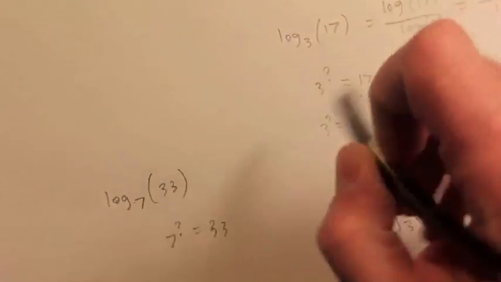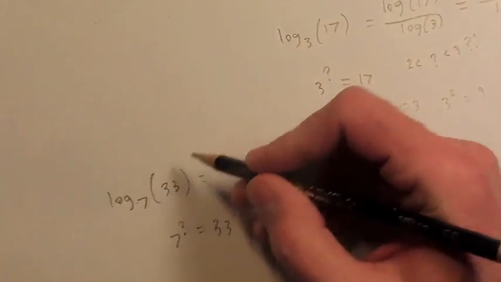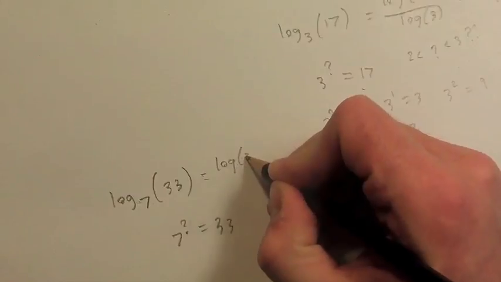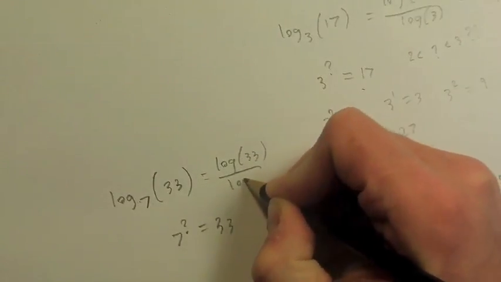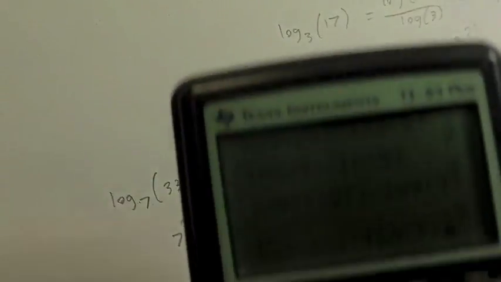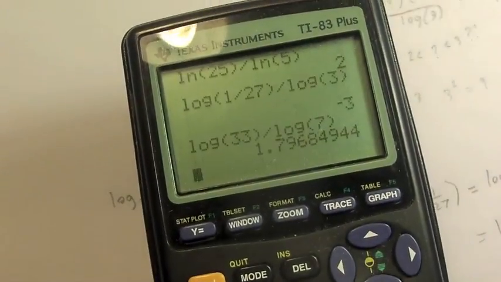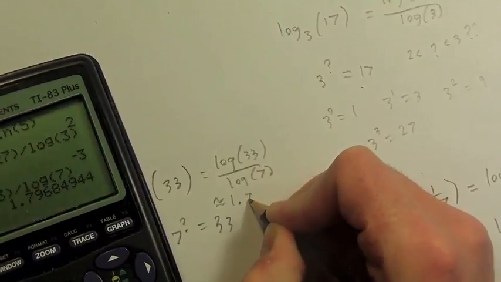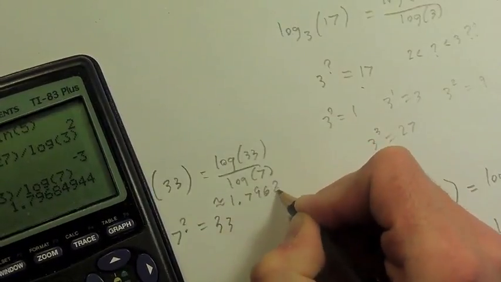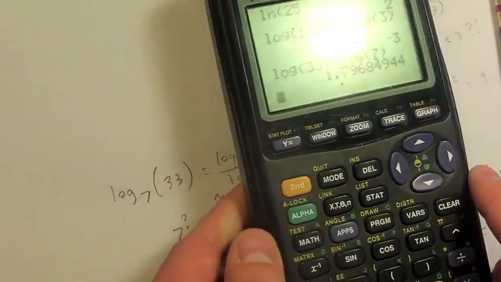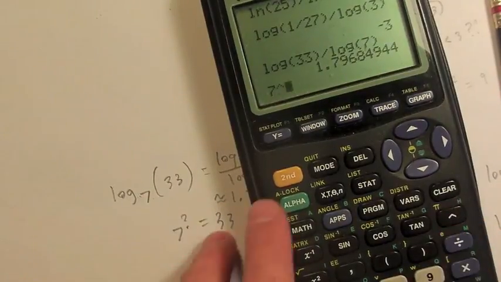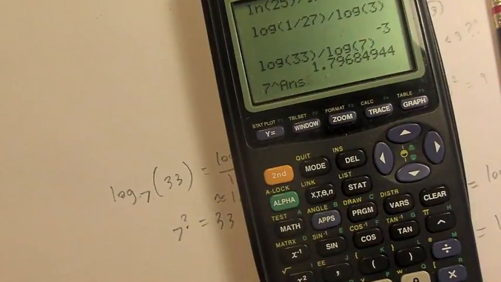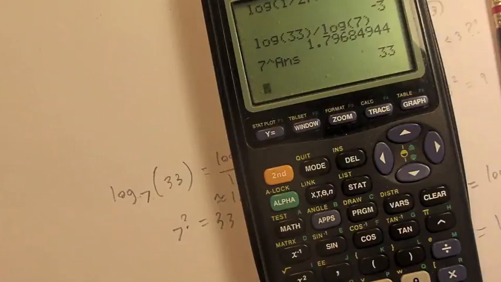So I write it out: log base 7 of 33 is log of 33 over log of 7. Plug that in, we get about 1.7968. If I want to check, 7 to that power is 33. And there we go.